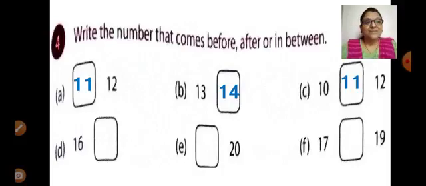Number 11 comes between number 10 and 12. 16 dash. Number 17 comes after number 16. Next, dash 20. Number 19 comes before number 20. Next, 17 dash 19. Number 18 comes between number 17 and 19.